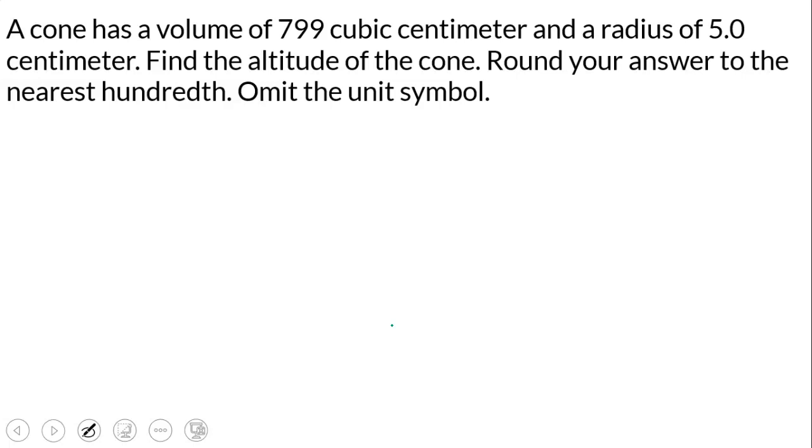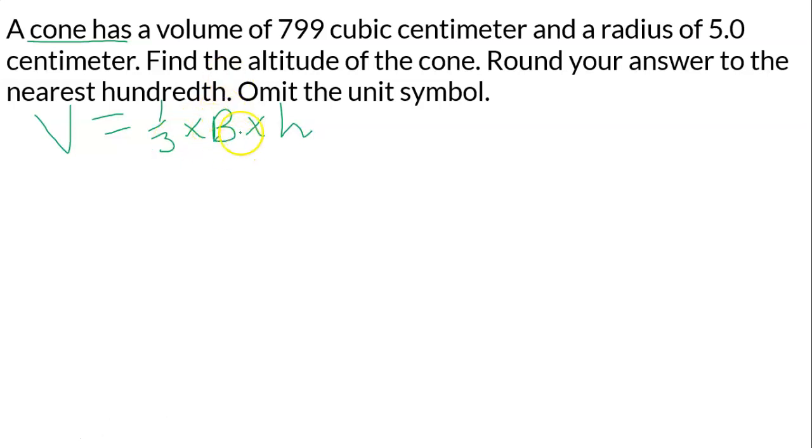Next, we're given a cone. It's a cone, so we know the volume of a cone is going to be 1/3 times the area of the base times the height. Again, it's always better to find the base area first. The base area is a circle, and the radius is 5.